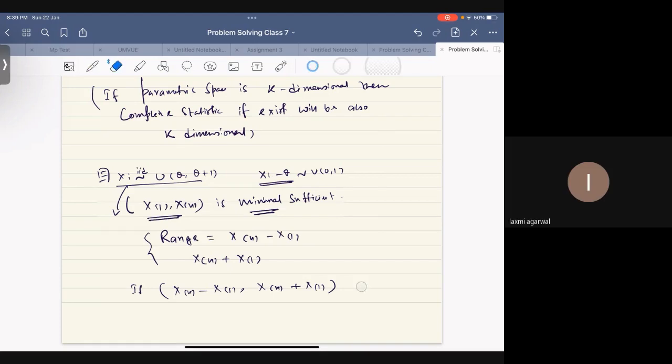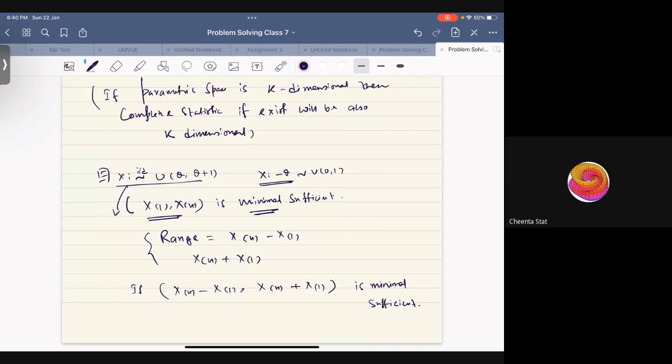Yes, Bhaiya. Why? Because it is independent of the parameter. No, it's minimal sufficient because it is a one-to-one function, right? Why independent? That's the concept of ancillarity.